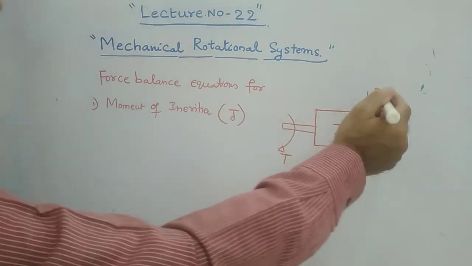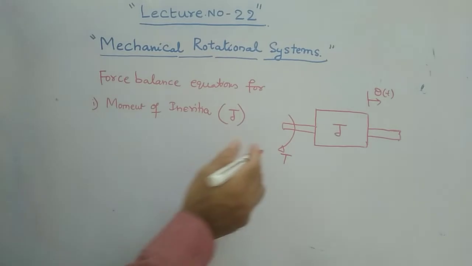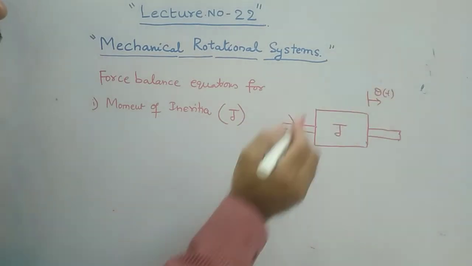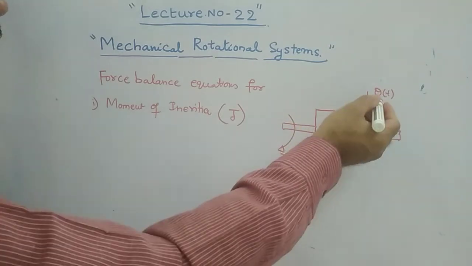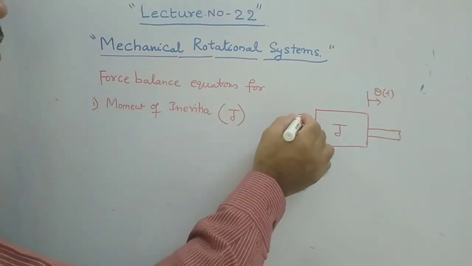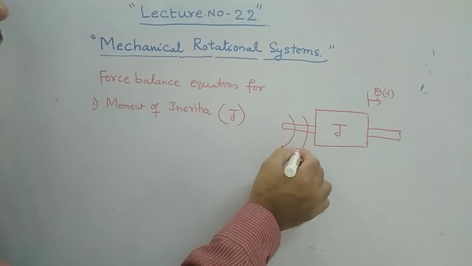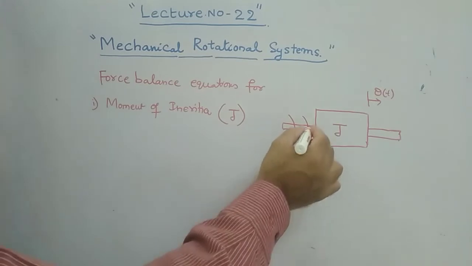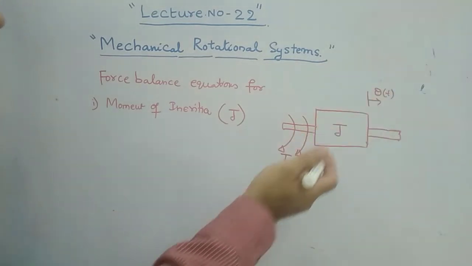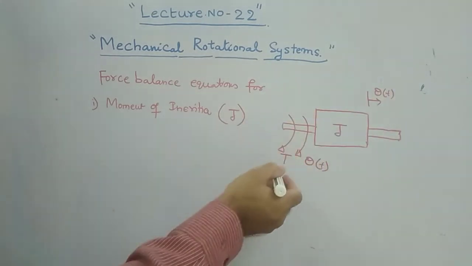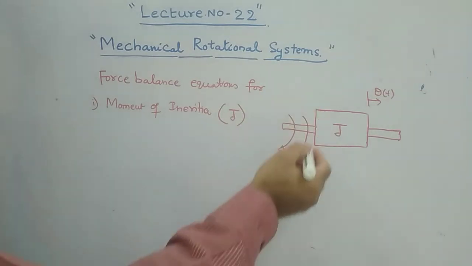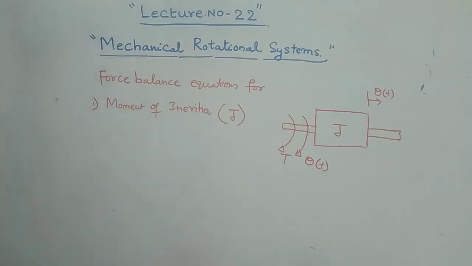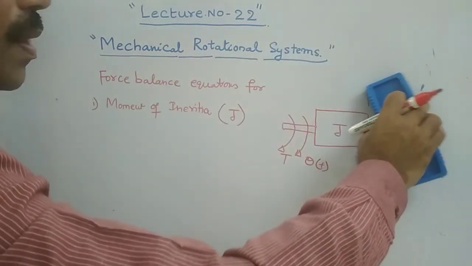So this is your displacement theta. Whenever some torque is applied, this is rotational, and the displacement is that, but most of the time it can be represented like this, or sometimes it can also be given as theta of t like that. Sometimes they may give it like this, or sometimes it is rotational basically. Actually, this is the correct form of representation.